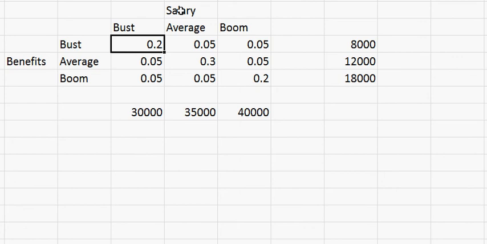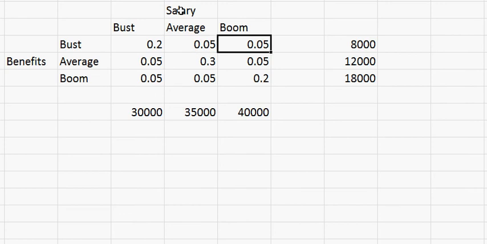You have a 20% chance of those happening, a 30% chance of being average in both, 20% chance of it being a boom, and 15% on both sides of the off entries. So it's possible to have a boom in benefits and a bust in salary, but not as likely. These are the probabilities of all of these things happening jointly.